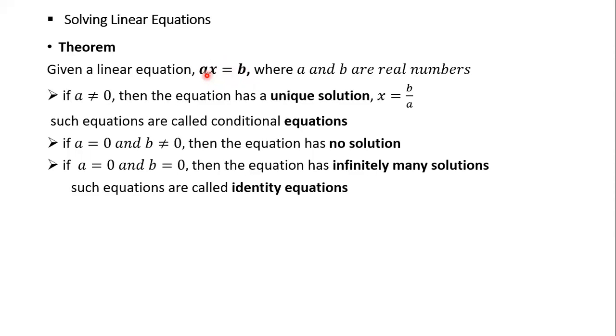So if A equals 0, 0 times X is 0 on the left side, and B is also equal to 0, so we have 0 equal to 0. I can write here 0x equal to 0. If I give x equal to 1, 1 times 0 is 0, which holds. If I give x equal to 10, 10 times 0 is also 0. So any real number that you give to x, the answer will still be 0.